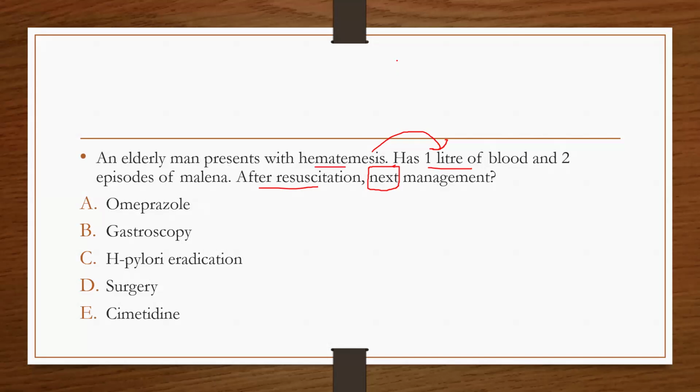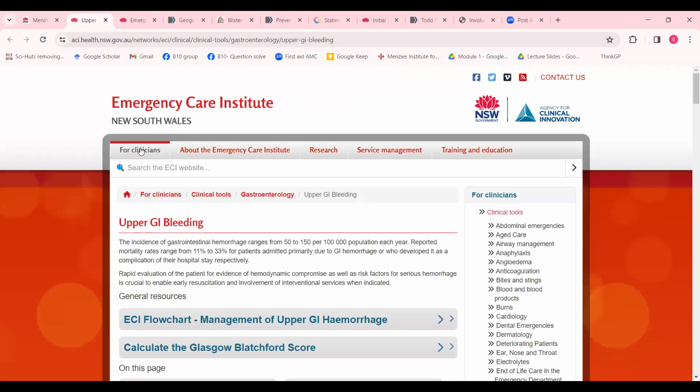Okay, so let's go to the management of upper GI bleeding. Are you all familiar with the Emergency Care Institute guidelines, New South Wales? Or is this the first time that you are hearing about that?